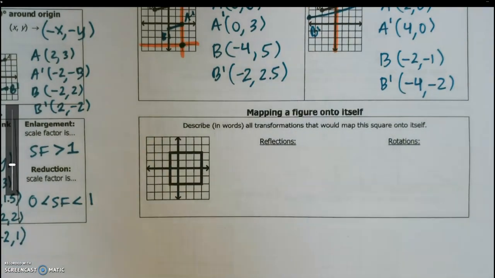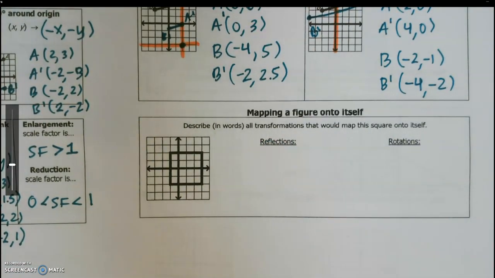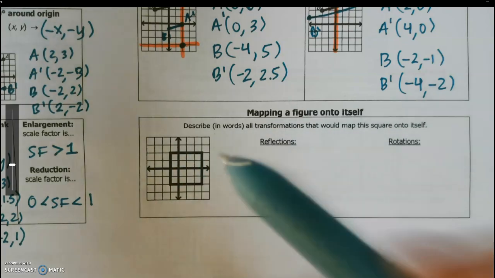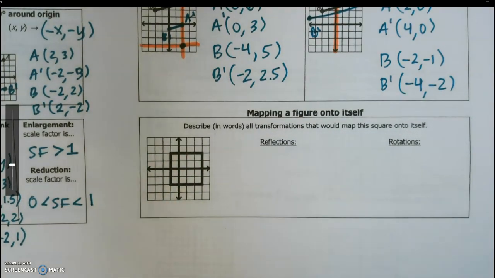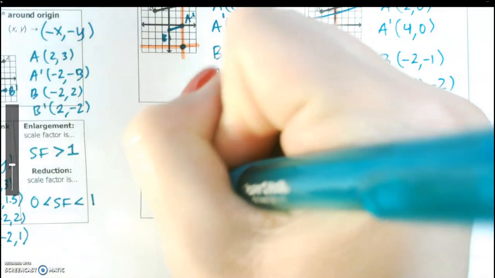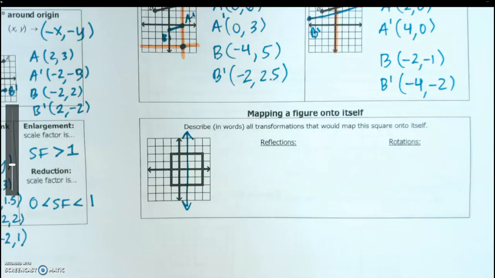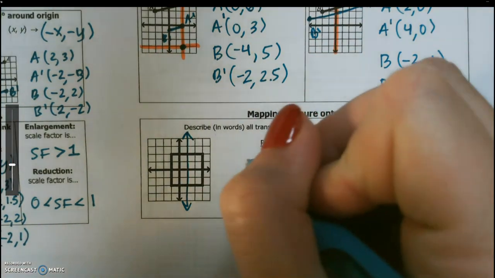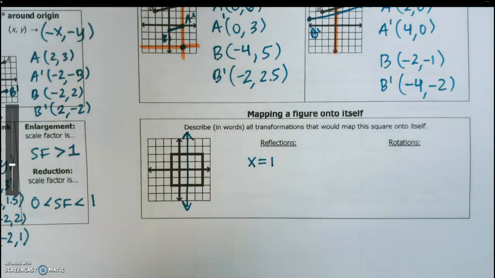Last topic that we're going to discuss is mapping a figure onto itself. If we were to talk about reflections for this guy, it is a square, so it has some unique lines of reflection. If you were to reflect it across this line, it would map on top of itself, and that line is x equals 1.